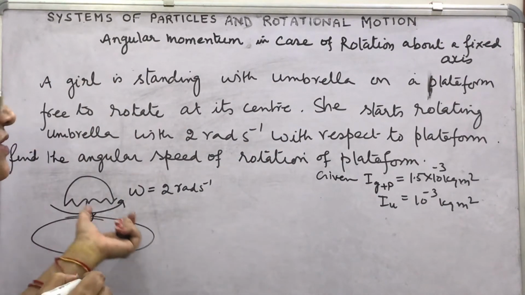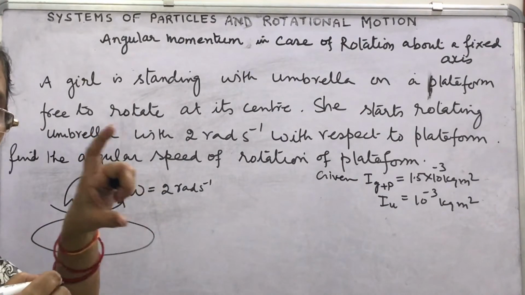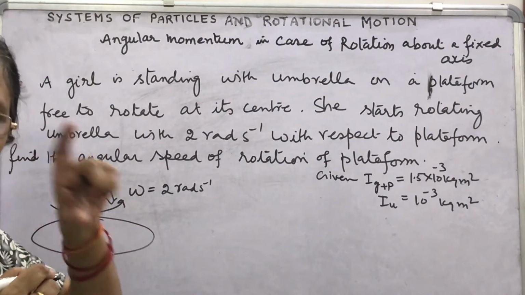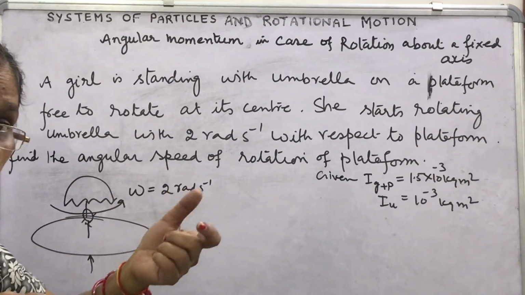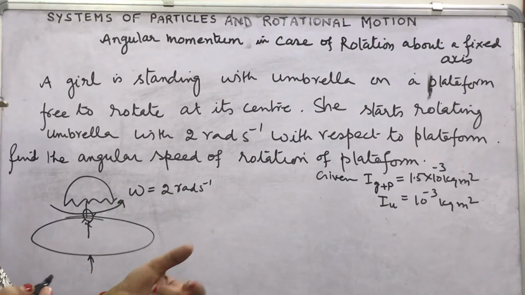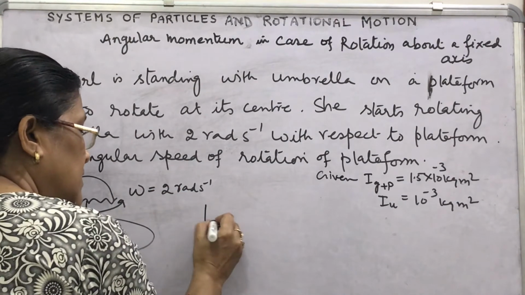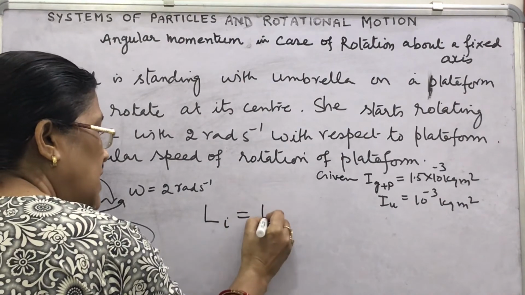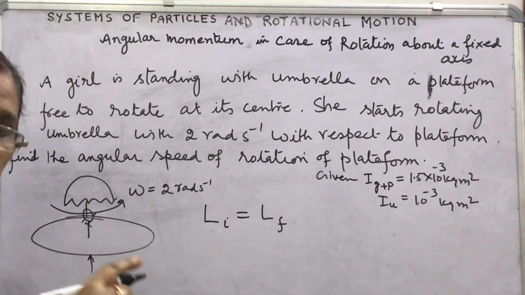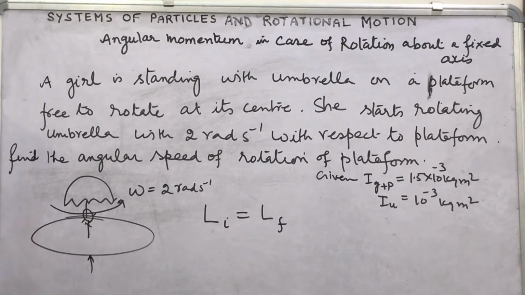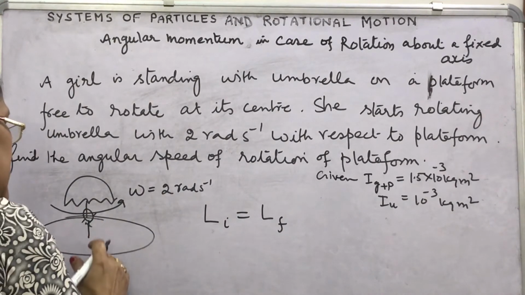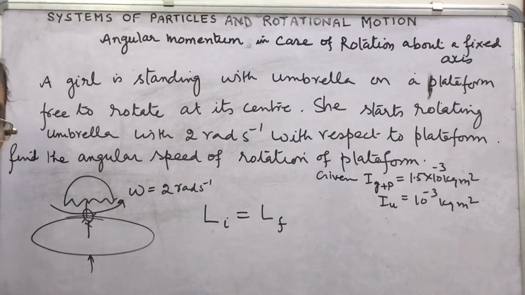If there is no external torque, then the angular momentum of the system remains conserved. What is angular momentum? I omega. So we first write that the initial angular momentum will be the same as the final angular momentum. There will be no change in angular momentum. What happens to conserve the angular momentum?